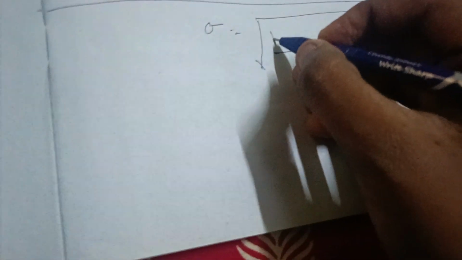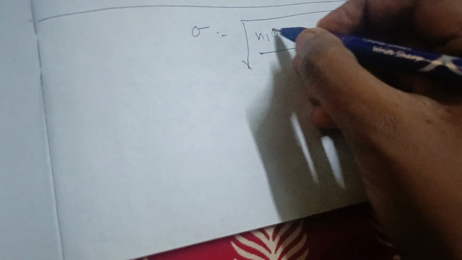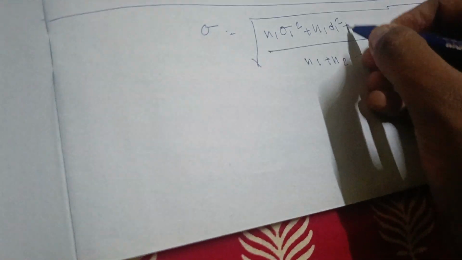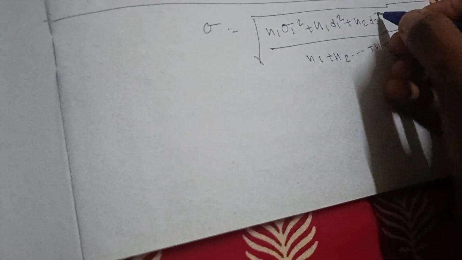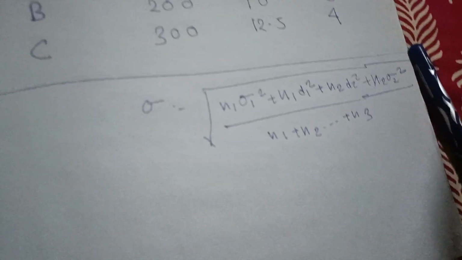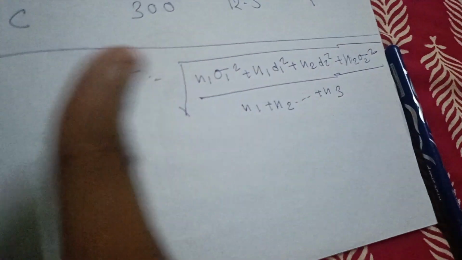Then there is n1 sigma 1 square plus n1 d1 square, then n2 sigma 2 square plus n2 d2 square. So there is sigma and d1, and we have to mention both of them. Okay, I hope it is clear.